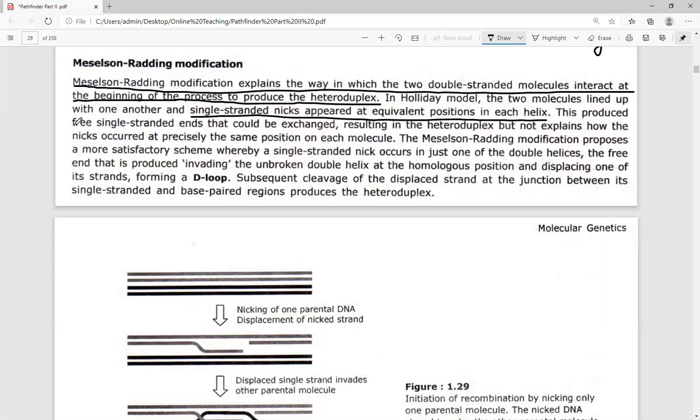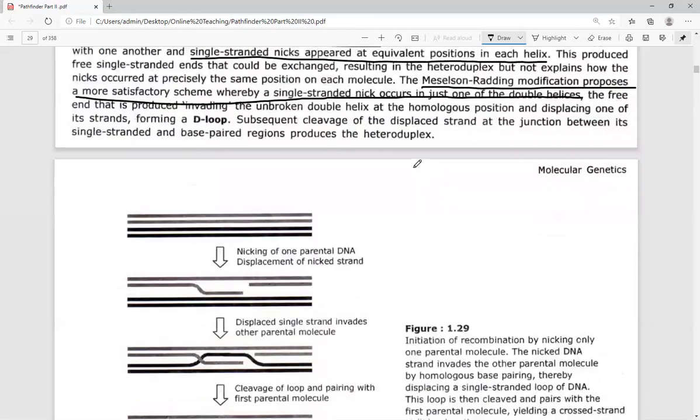This procedure produces free single-stranded ends that could be exchanged, resulting in heteroduplex, but it does not explain how the nick occurs at precisely the same position. Michelson and Redding proposed a more satisfying scheme where a single-stranded nick occurs in just one of the double helix. The free end that is produced invades the unbroken DNA molecule.